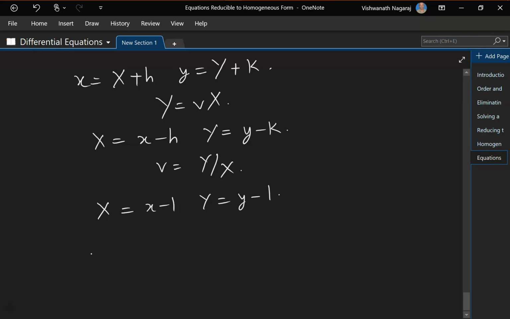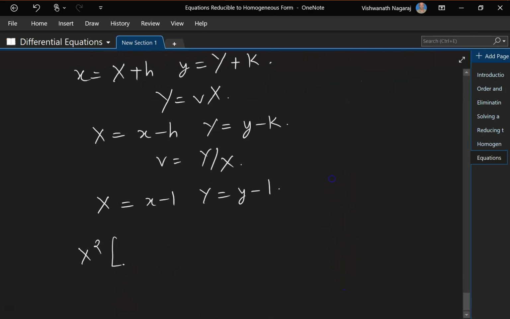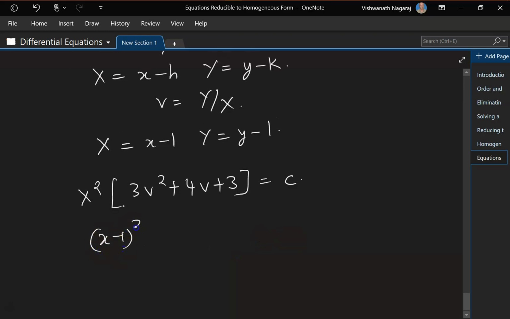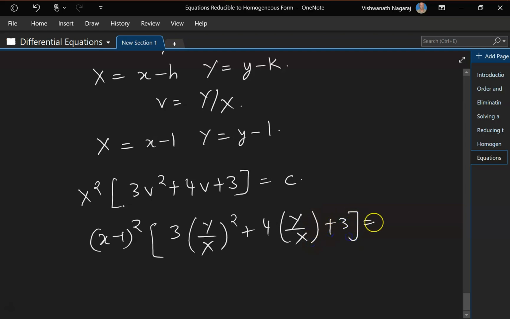Let's write that equation first: 3v square plus 4v plus 3 is equal to c times x minus 1 square. 3 times v, which is y by x square, plus 4 times y by x, plus 3 equal to c.